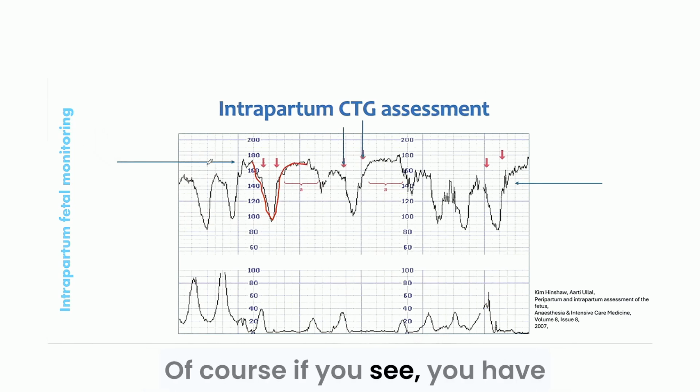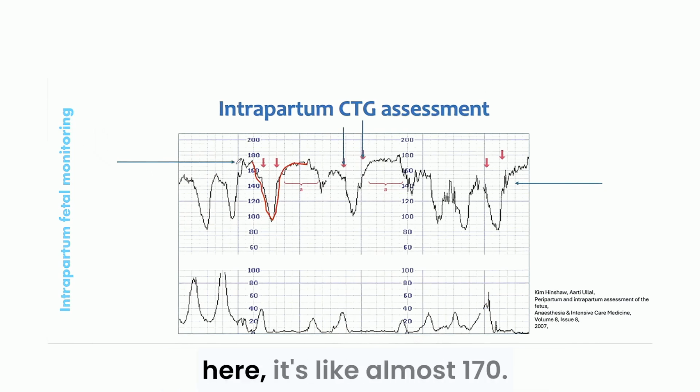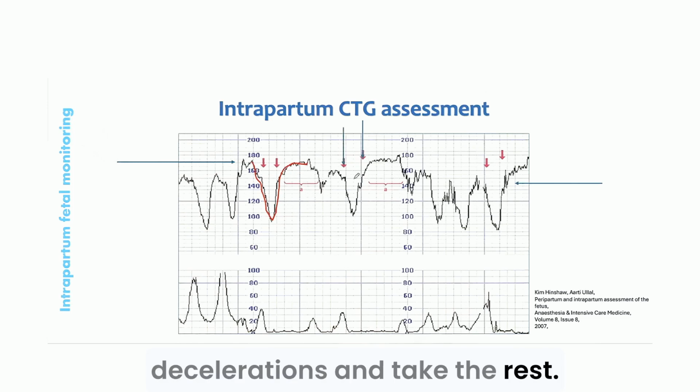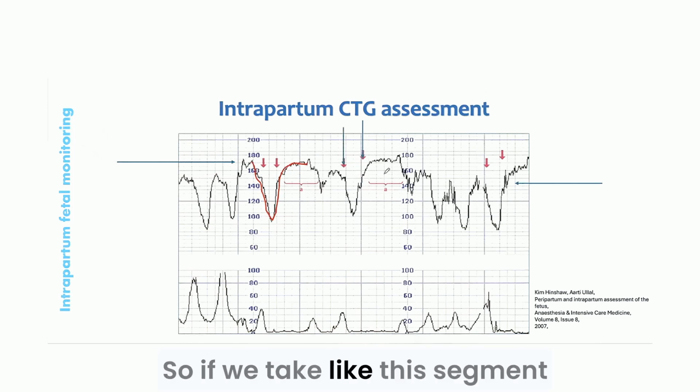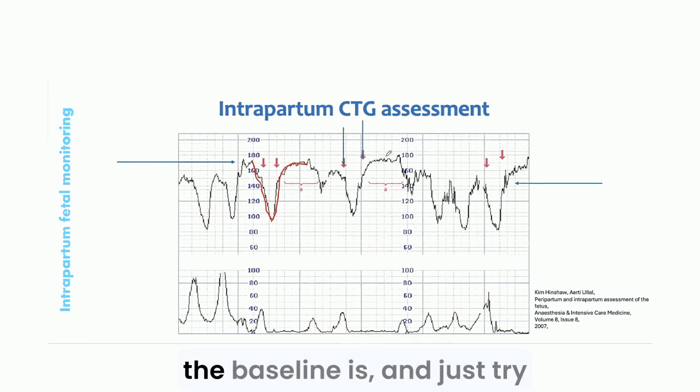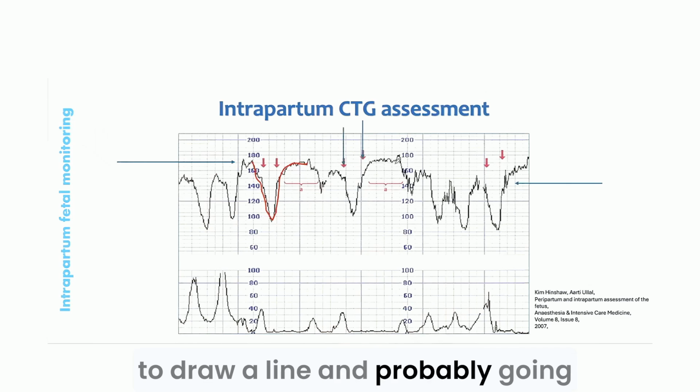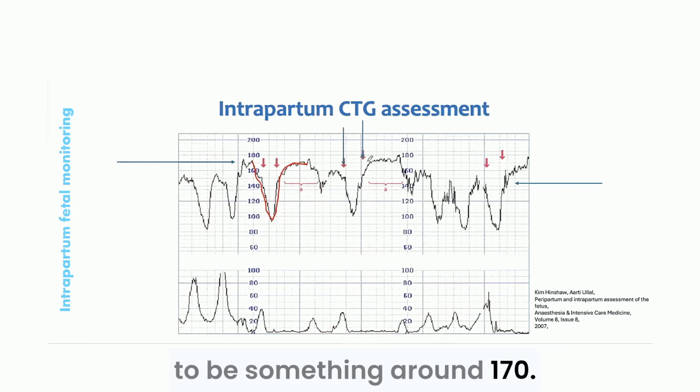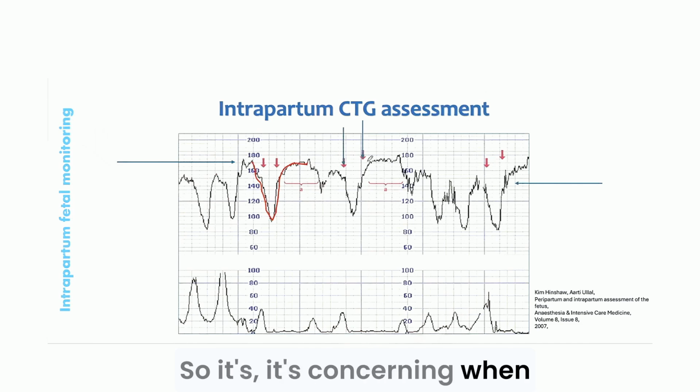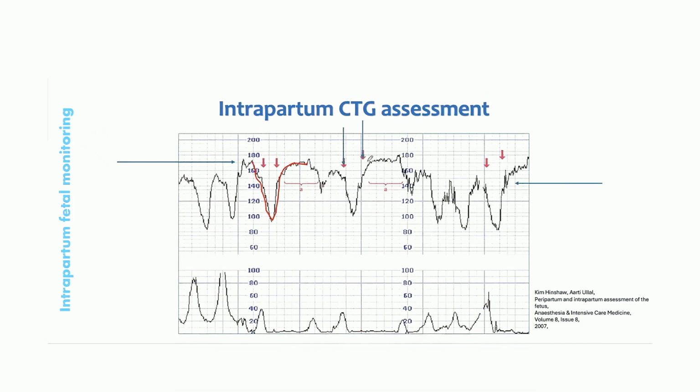Of course, you have to check what the baseline is, because it looks high here, almost 170. We have to rule out the decelerations and take the rest. If we take this segment and try to draw a line, it's probably going to be around 170. It's concerning when you see a heart rate of 170. It's basically a red sign.